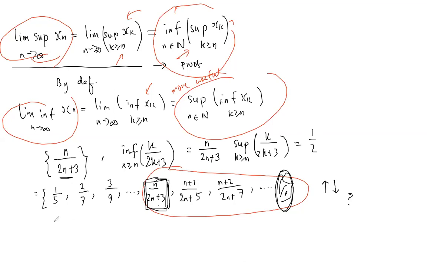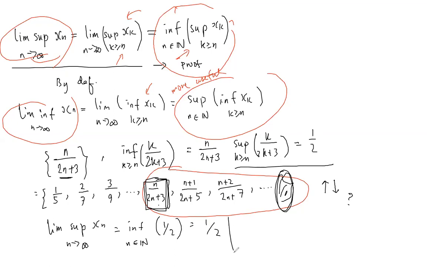Therefore, for the lim sup of xn, if I use the infimum of my supremum, my supremum is 1 over 2, so definitely this is 1 over 2, because it's an infimum applied on a constant. Nothing special there.